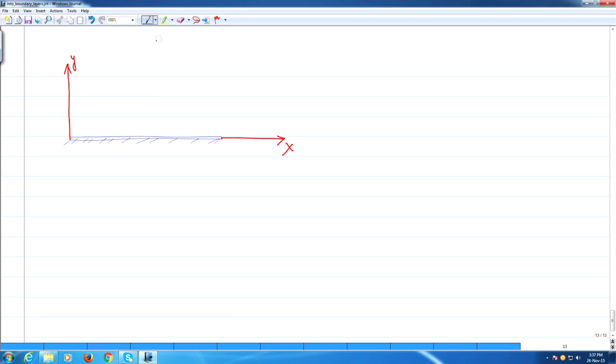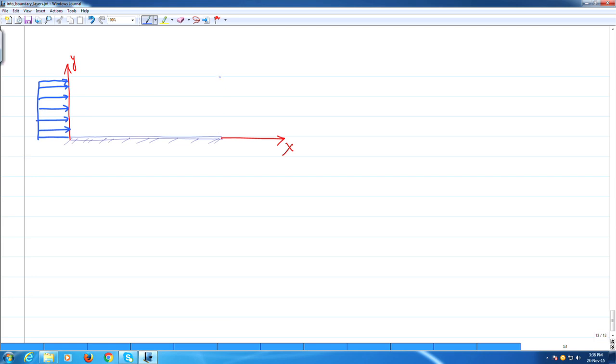So this is the flow coming in, and this is my velocity profile right at the entrance, and we are going to look at this entire plate.